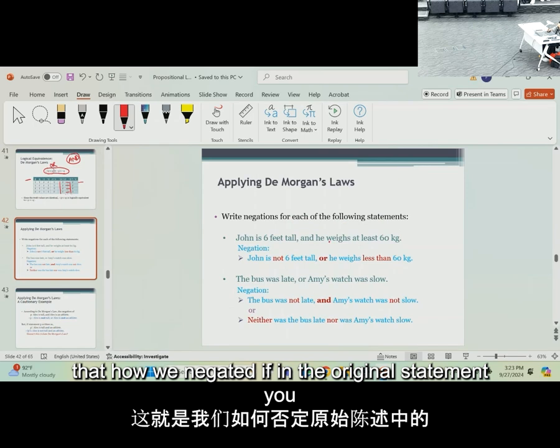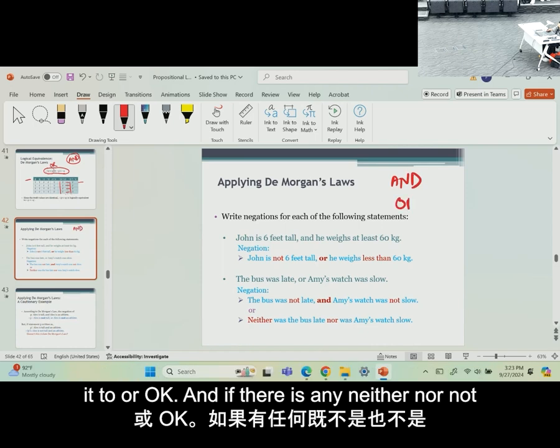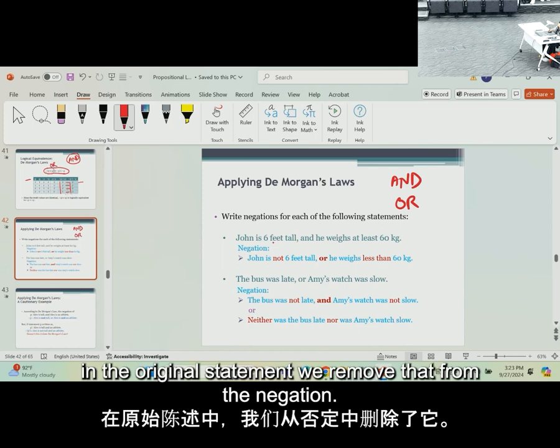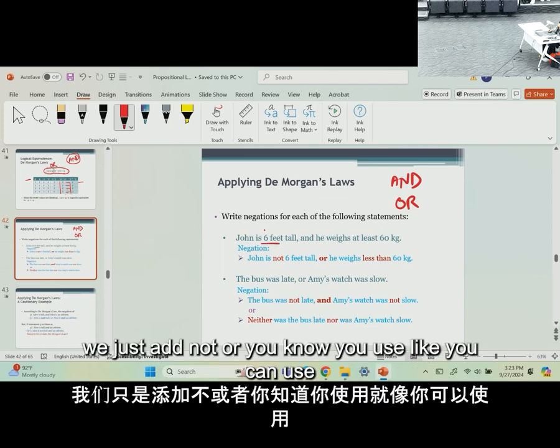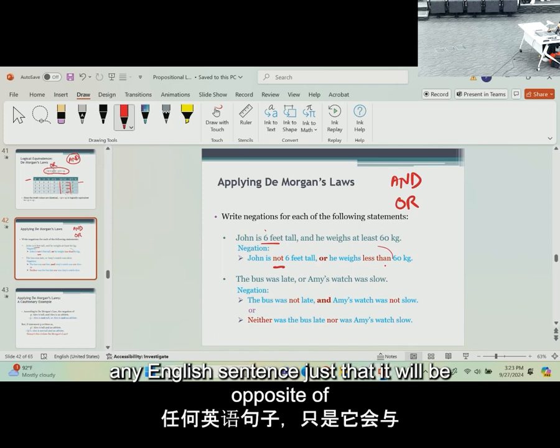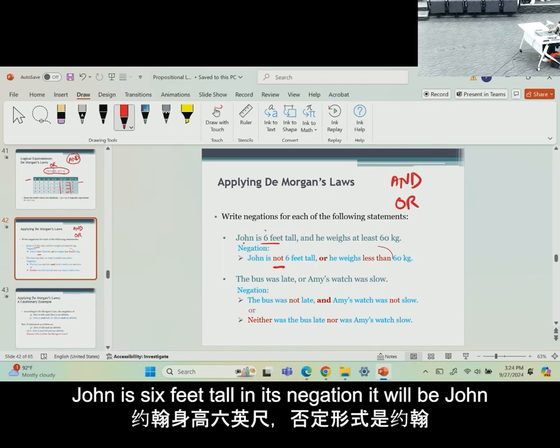If in the original statement you are given an AND operation, in its negation we convert it to OR. And if there is any neither, nor, or not in the original statement, we remove that from the negation. If we don't have any negation in the original statement, we just add not, or you can use any English sentence, just that it will be the opposite of what is given to you in the question. For example, John is 6 feet tall.